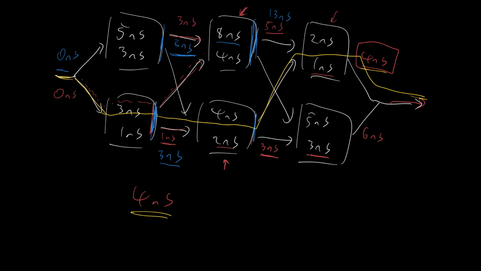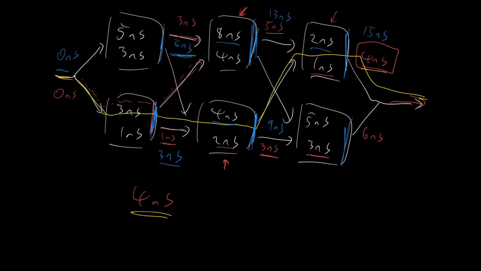For this logic gate here, the last person to arrive is at 5 nanoseconds. After another 4 nanoseconds, i.e. at time t equals 9 nanoseconds, the last person exits this logic gate. For this logic gate here, the last person to arrive is at 13 nanoseconds. They need another 2 nanoseconds to exit, so the last person exits at 15 nanoseconds.